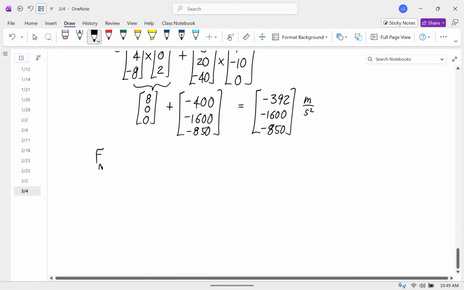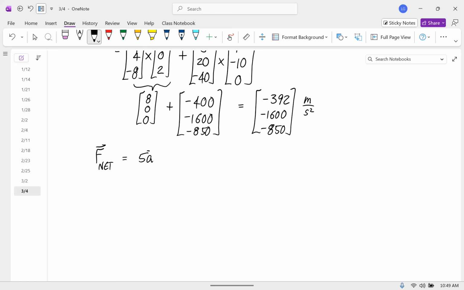So F net is equal to 5 times the acceleration, and you get negative 1,960 for X, negative 8,000 for Y, and negative 4,250 for Z. And this is in newtons.